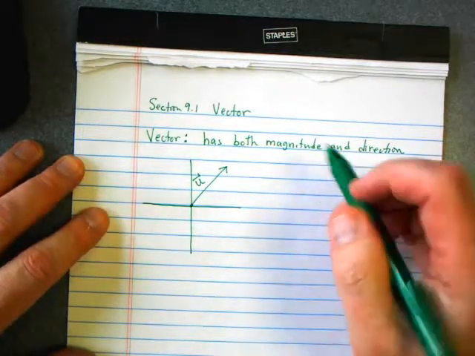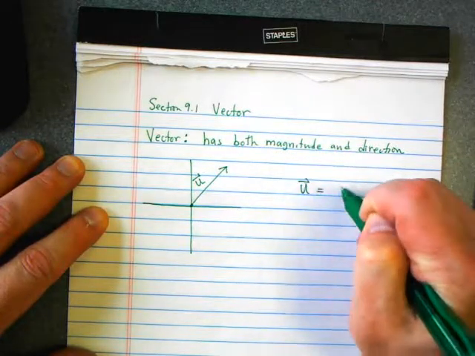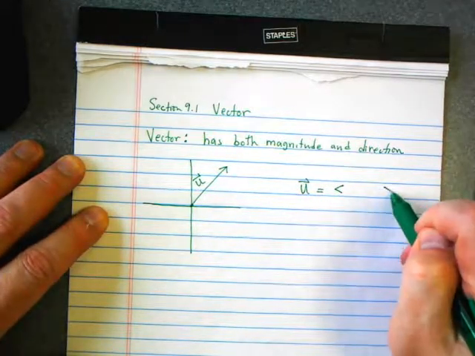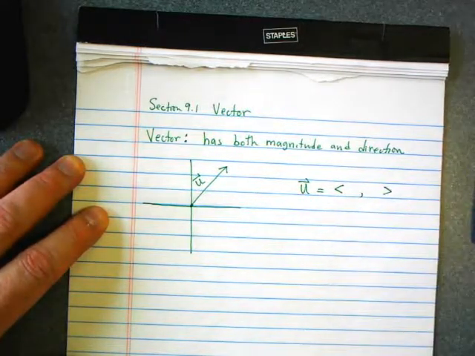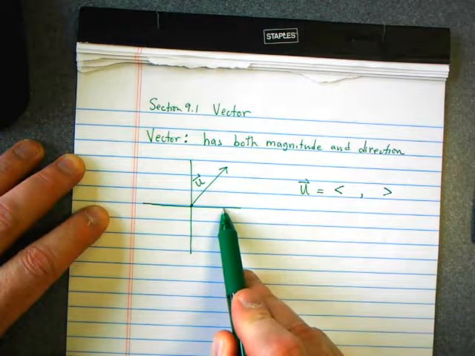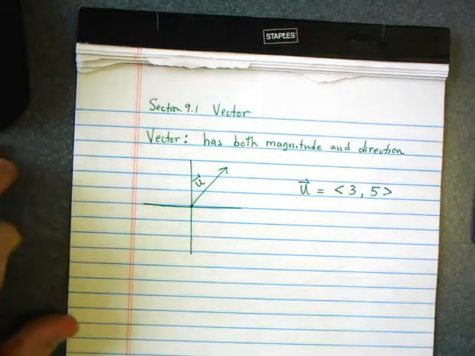All right, so normally, let's give this vector a name. To write vectors, we write them using little less than and greater than signs like this. So this vector looks like maybe it's 3 over and 5 up. That would be the vector 3, 5.